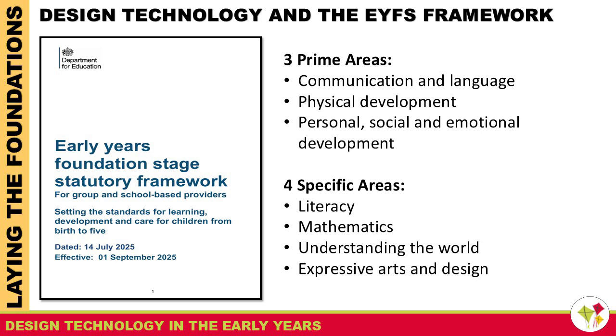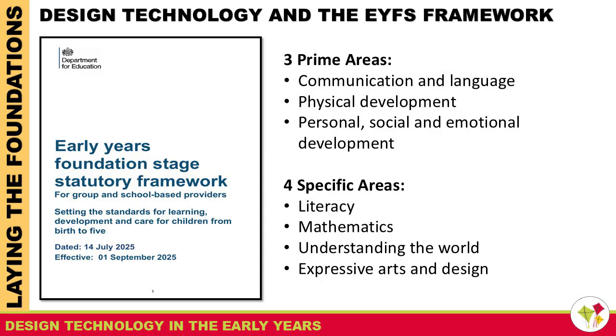All areas of learning and development are important and are interconnected. However, the 3 prime areas of communication and language, physical development, and personal, social, and emotional development are particularly important for learning and forming relationships. They build a foundation for children to thrive and provide the basis for learning in all areas.